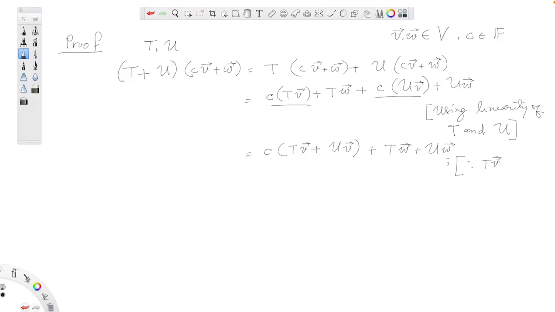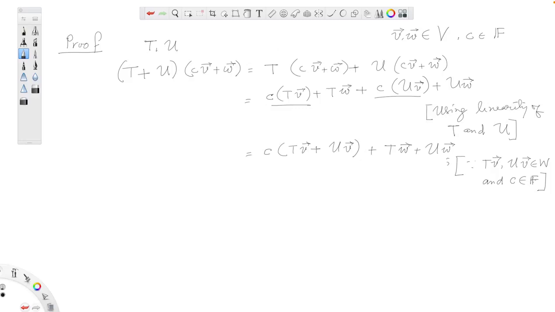Why can we do that? Because Tv and Uv are both in the vector space W and c is in F, and we know that W is a vector space over the ground field F, so we can write it.